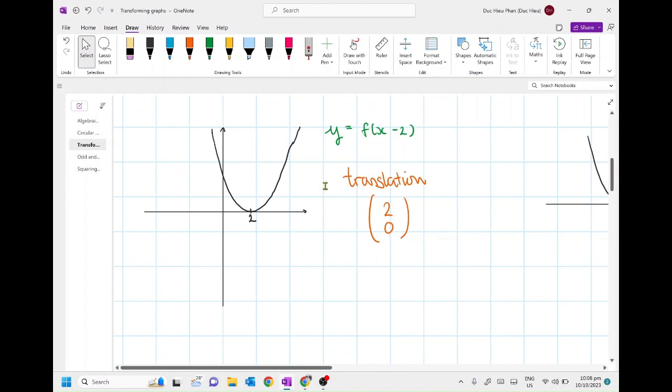Meanwhile, with translating left and right, you want to change the value of the x going into the equation. So if we minus 2, so x minus 2, and then put that into the function, what we're basically doing is changing the value of x in terms of moving it to the right. For example, a normal y equals x squared graph would go through the origin.